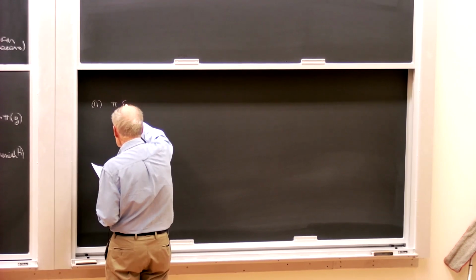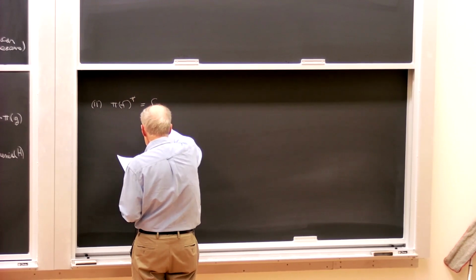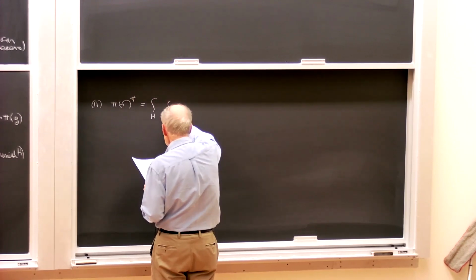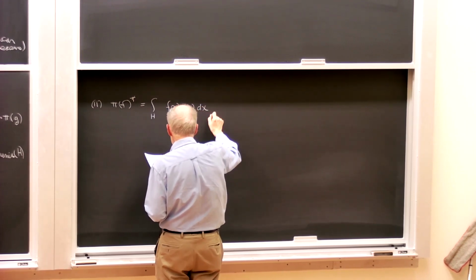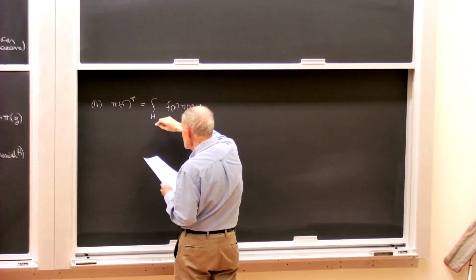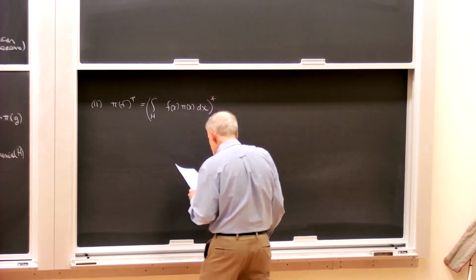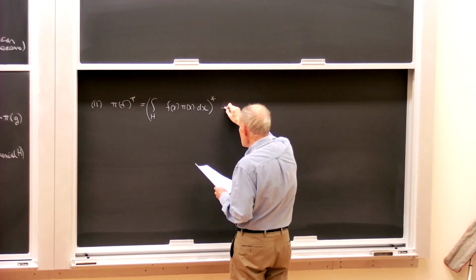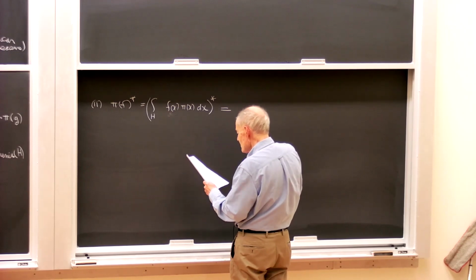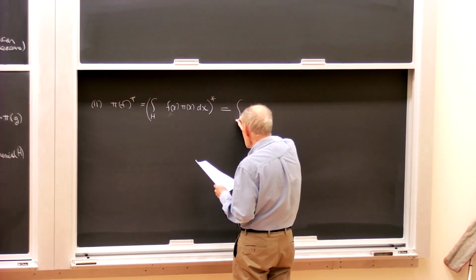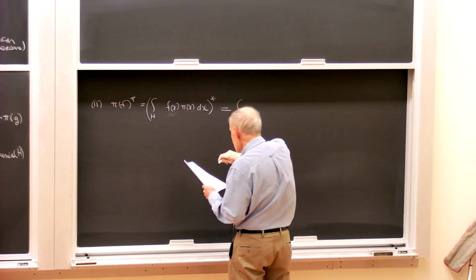But secondly, pi of f star. Okay, so that's going to be the integral over h of f of x, pi of x dx. So what I want then is the adjoint operator of that. That's an operator on the Hilbert space. I want its adjoint. So an adjoint of a scalar multiple of an operator is the complex conjugate of that scalar multiple.